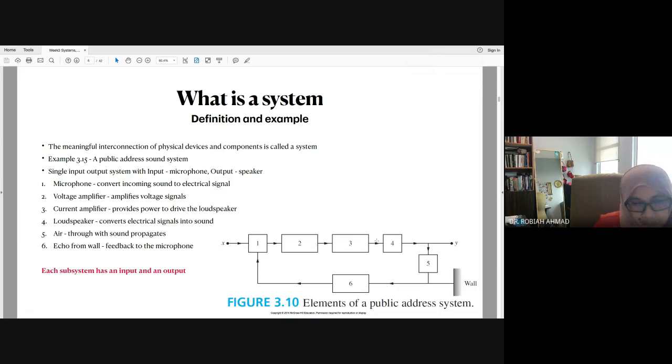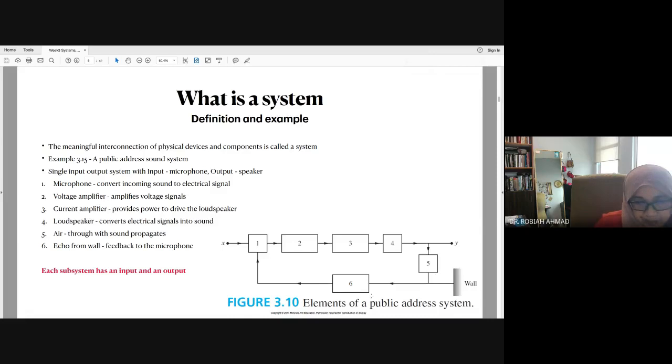So it will amplify the current. And then it goes to component number 4, which is the loudspeaker, where it will convert the electrical signals, either current or voltage, into sound, which we can hear here at Y, the output.